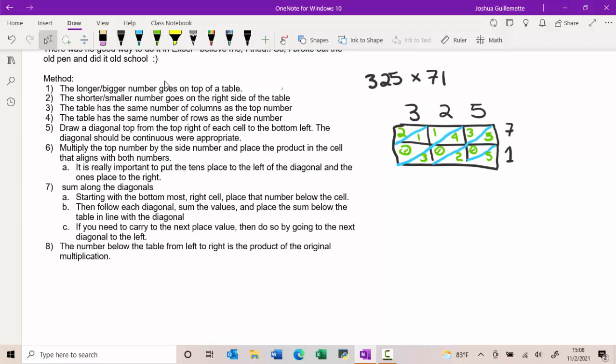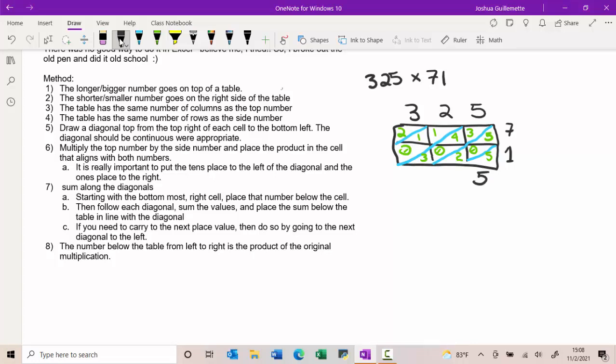Now what we're going to do is sum along the diagonals. Starting with the bottommost right cell, we're going to place that number below the cell. So this is the bottommost right cell. Here's the 5 in the right-hand side of the diagonal. And so that value that I'm going to put down here is 5. All right?